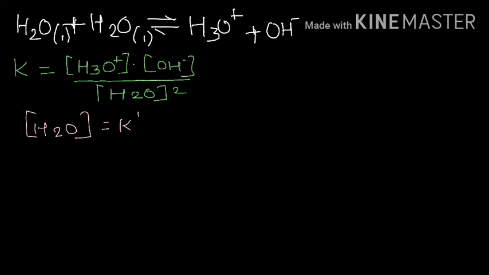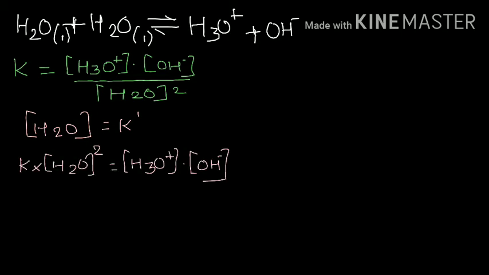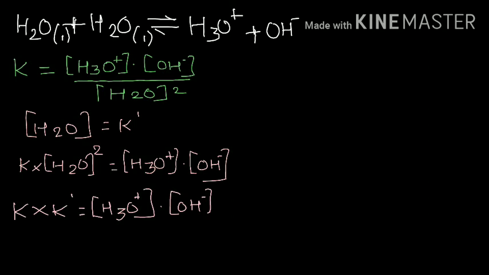The term in the denominator, the concentration of water squared, you shift it along with K. So this equation will become K into K dash is equal to [H3O+] times [OH-].